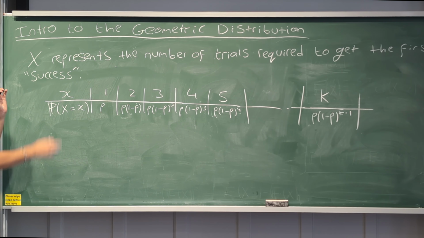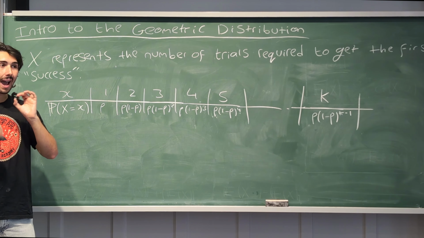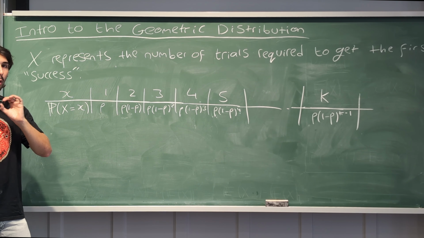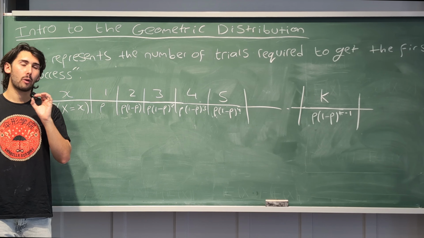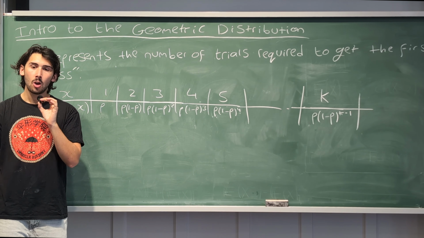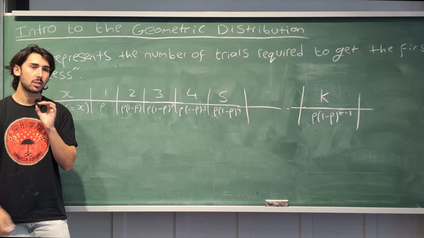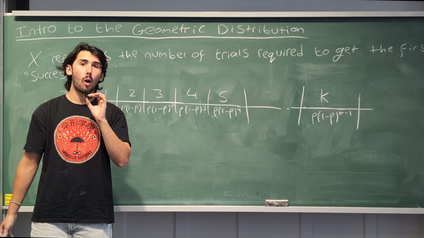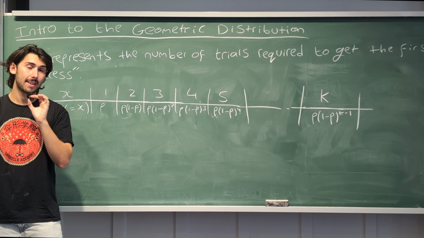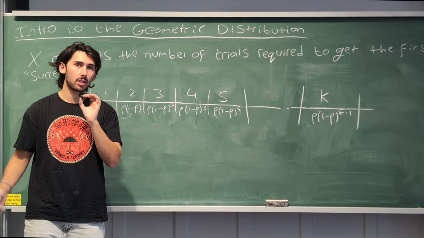And by success, I mean you actually get the thing that you wanted for the first time. So you land on the number 5, or maybe you're tossing a coin and it's the first time that you get heads, or maybe you're going into a goodie bag and trying to find a blue marble, and you replace the marble every attempt. So lots and lots of different things have a geometric distribution.